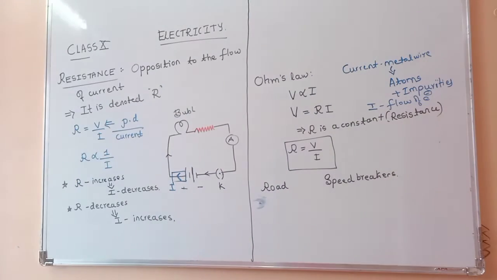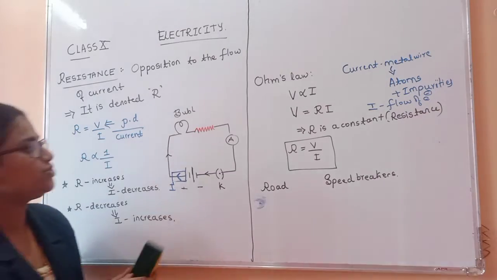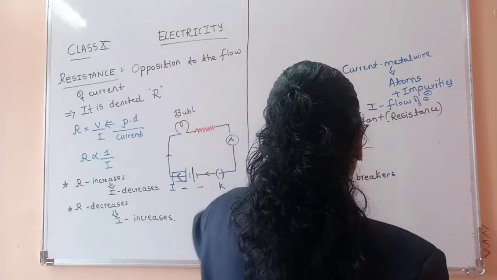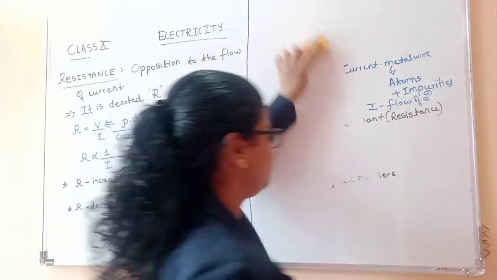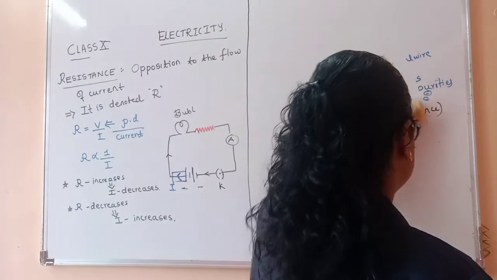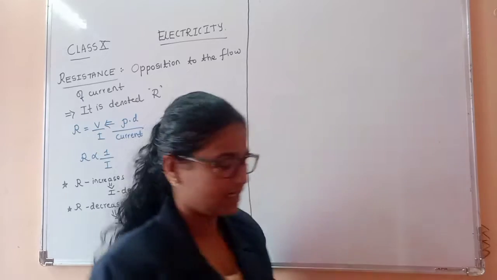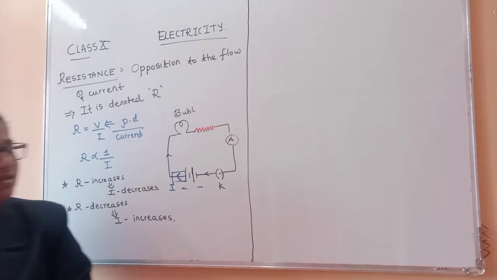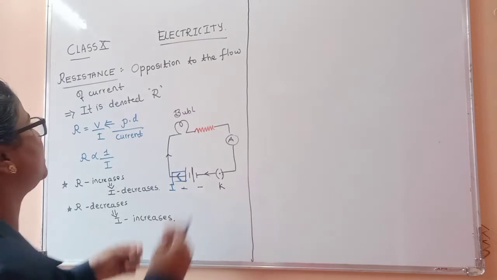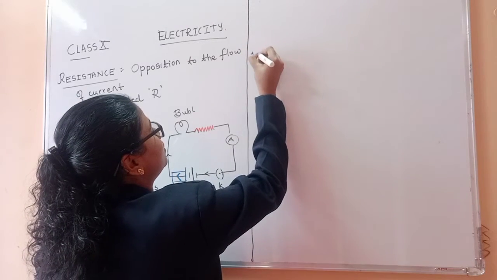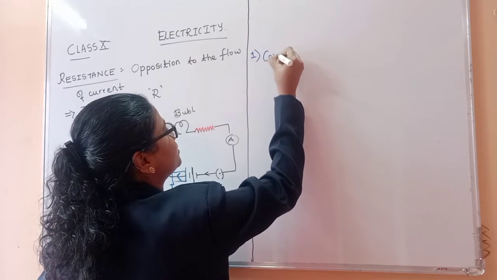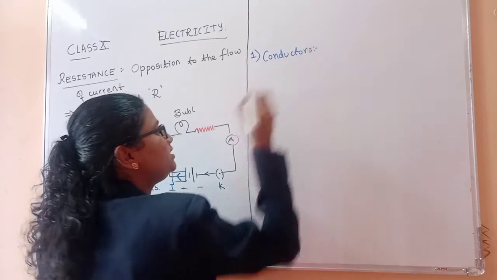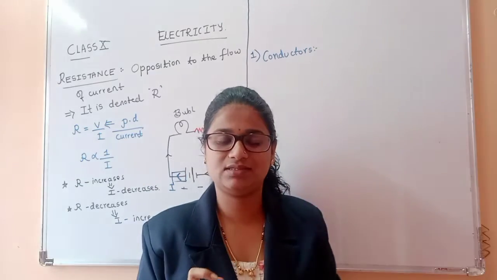Right? Next. Based on this, we have certain terms to know before going to the next concept. So let us discuss those terms, guys. The first one is conductors. From 7th standard we learned about conductors.